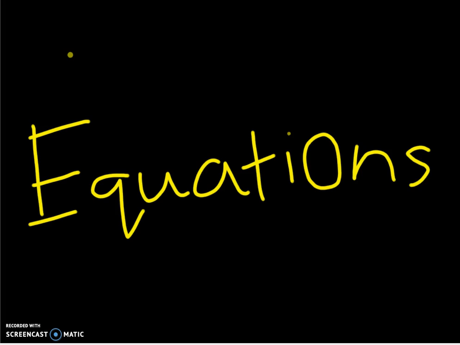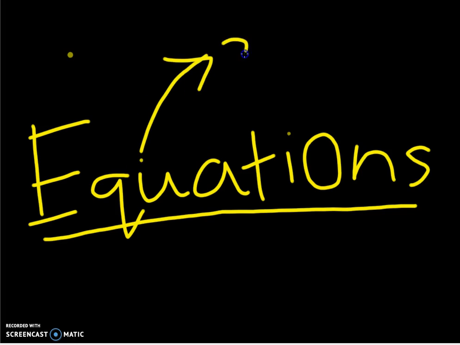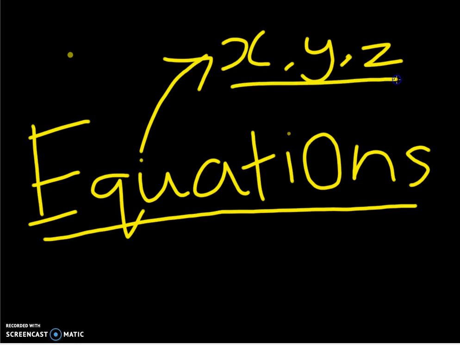So let's start. We have our topic here, which is equations. Basically, we use equations to find out an unknown value. Our unknown value could be x, y, z. These are called variables. Variables are small unknown values, and we have to find out what they are using the equation.